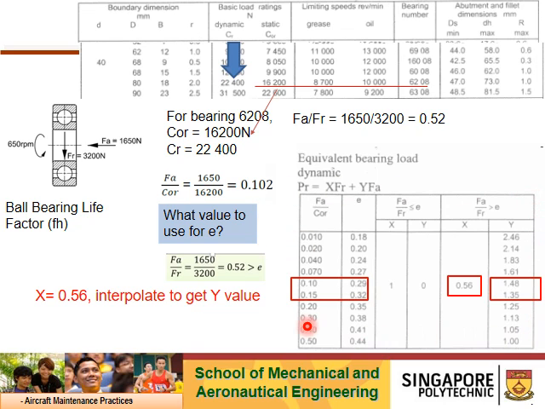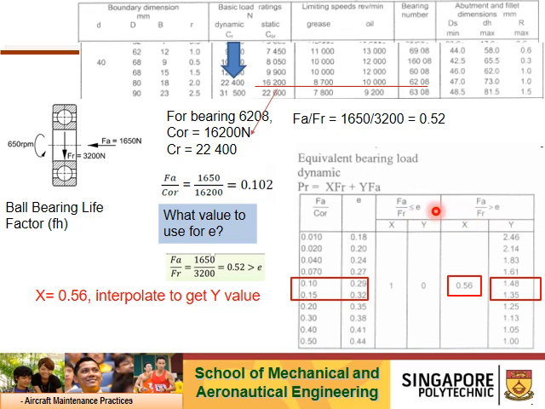So if you look at the table here at the appendix, okay, 0.102 falls in between 0.1 and 0.15, right? Okay, and it gives me an E of 0.29 and 0.32. Okay, so what is the value of E? Very simple.